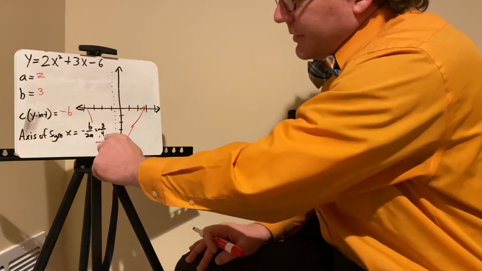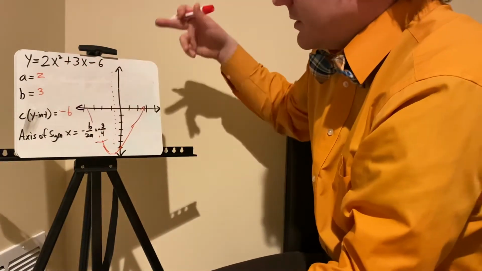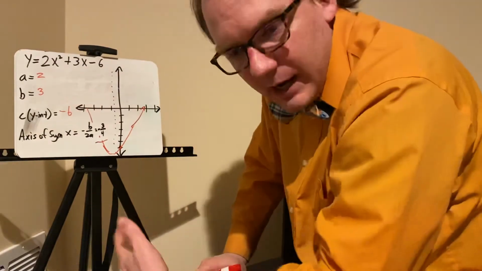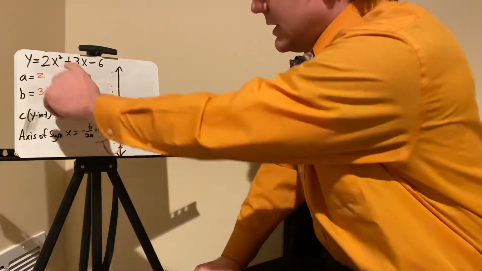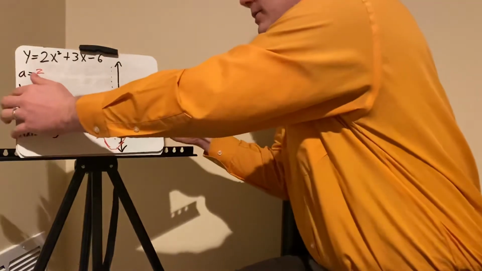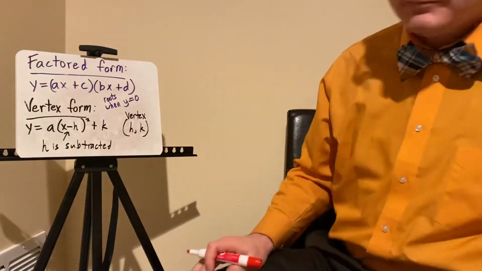You would replace x with negative 3/4 and solve the equation. That is one way to do it. I am not going to do that in the video. However, there's other forms that can help us figure that out as well.